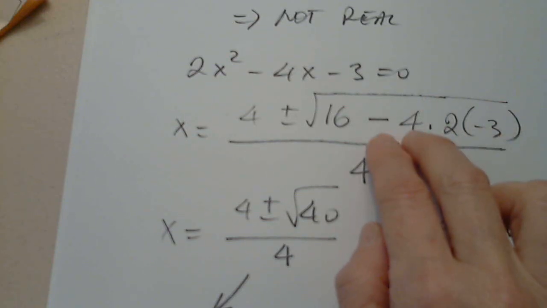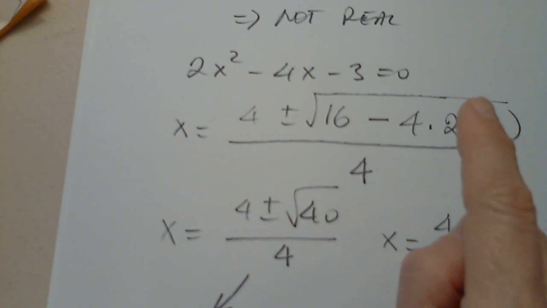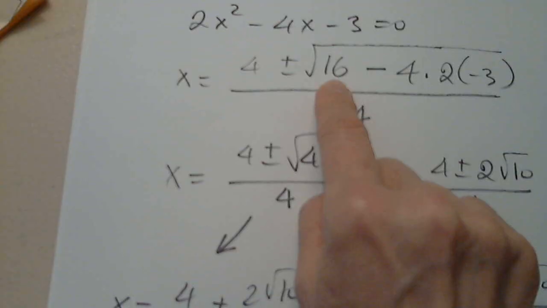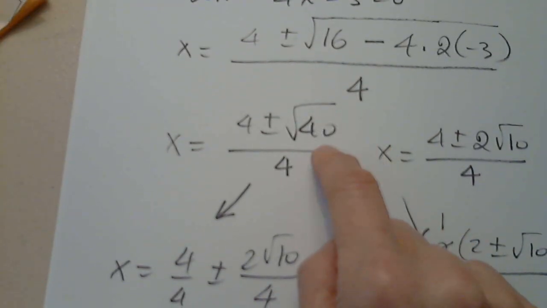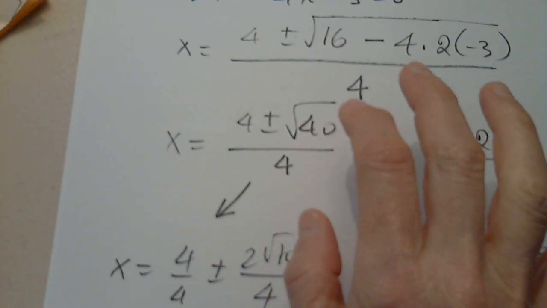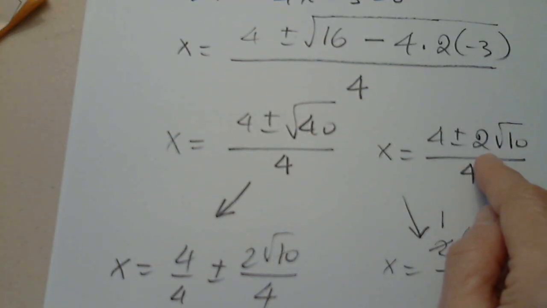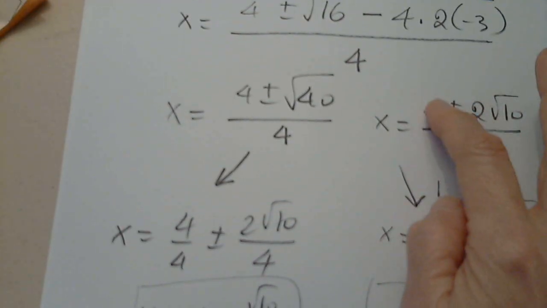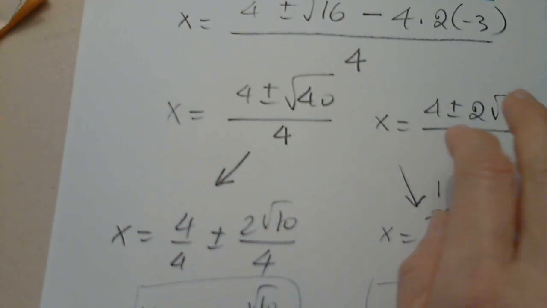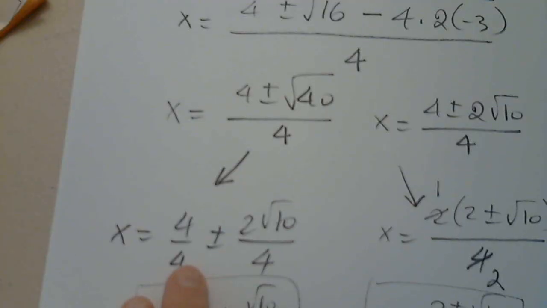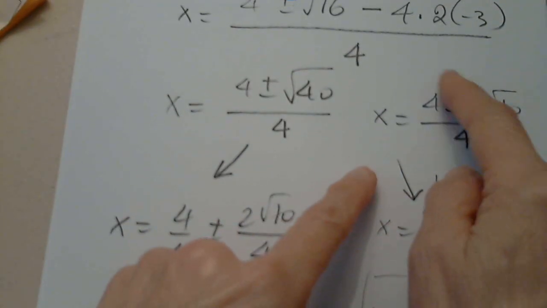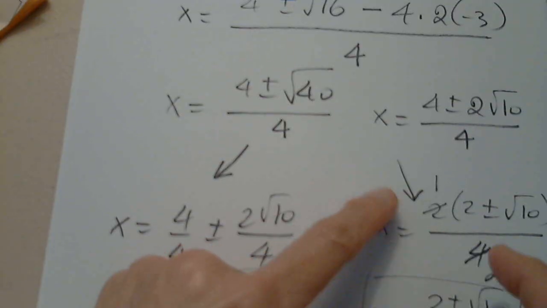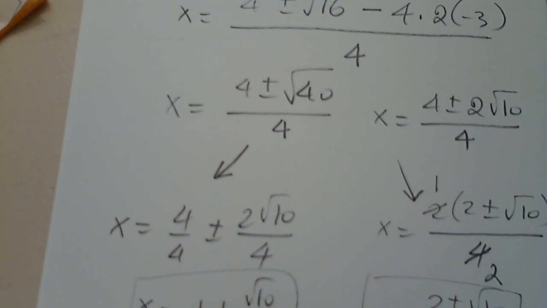So 6 times 4. So it's positive 24. 24 plus 16 is 40. I simplify the square root of 40 as we've discussed. 2 and 10. So the square root of 4 and the square root of 10. Do not cross 4 and 4. That will be terrible. You either separate and you get this, and you simplify each fraction by itself, or you factor out the 2 and you simplify the factor and you get the same answer.